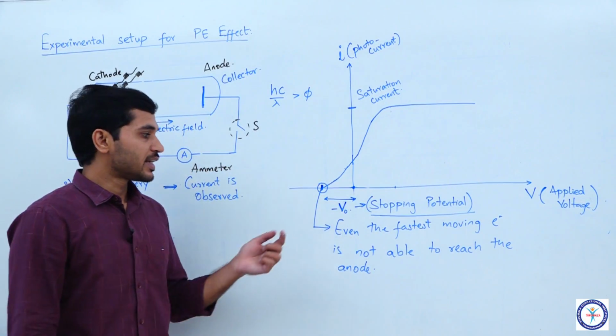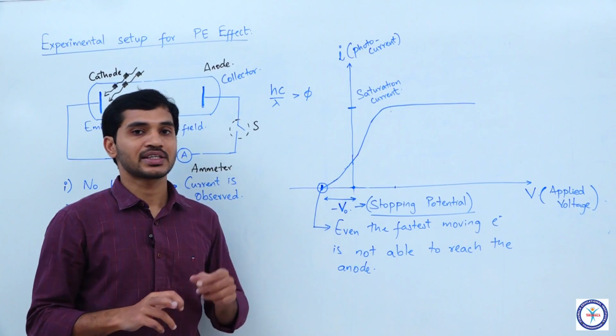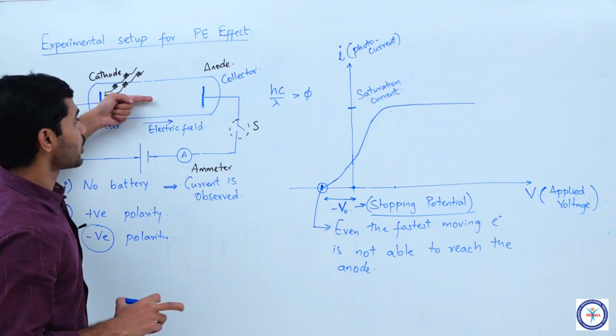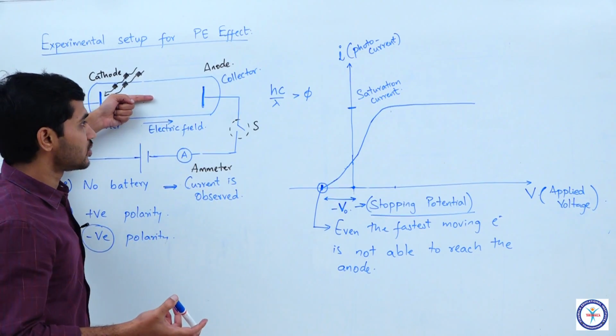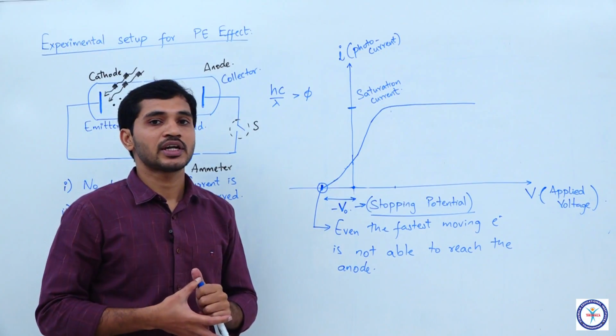Stopping potential is the negative value of voltage applied so that the current becomes 0, and the reason it becomes 0 is because even the fastest moving electron coming out is losing its energy, and its energy becomes 0 before it reaches the collector. So, that is the basic idea.